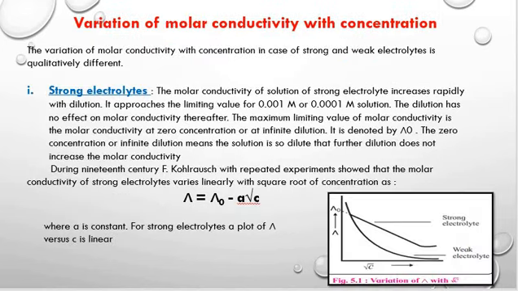Now, variation of molar conductivity with concentration. First, molar conductivity is the electrical conductance of 1 mole of electrolyte in a given volume, and the increasing number of ions produced in solution by 1 mole of electrolyte leads to increased molar conductivity.